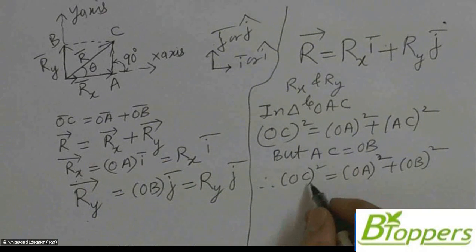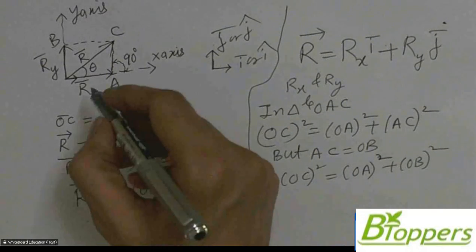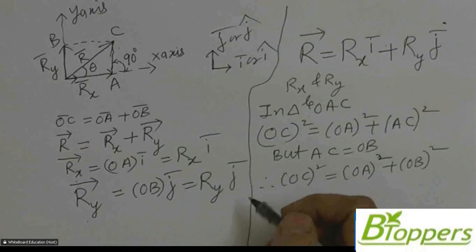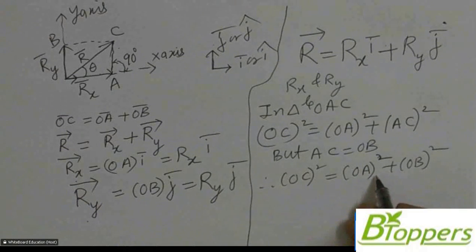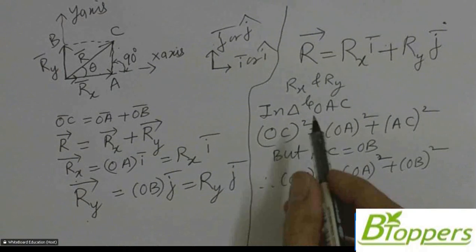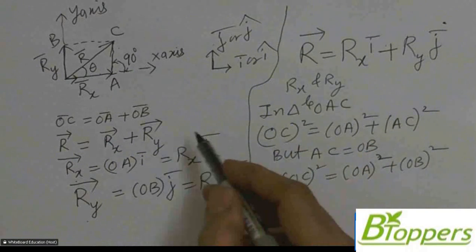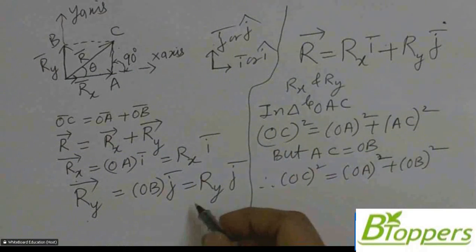So the length of the line OC gives you the magnitude of the vector R bar, or modulus of vector R bar. The length of the line OA gives you the Rx. The length of the line OB will be equal to Ry.